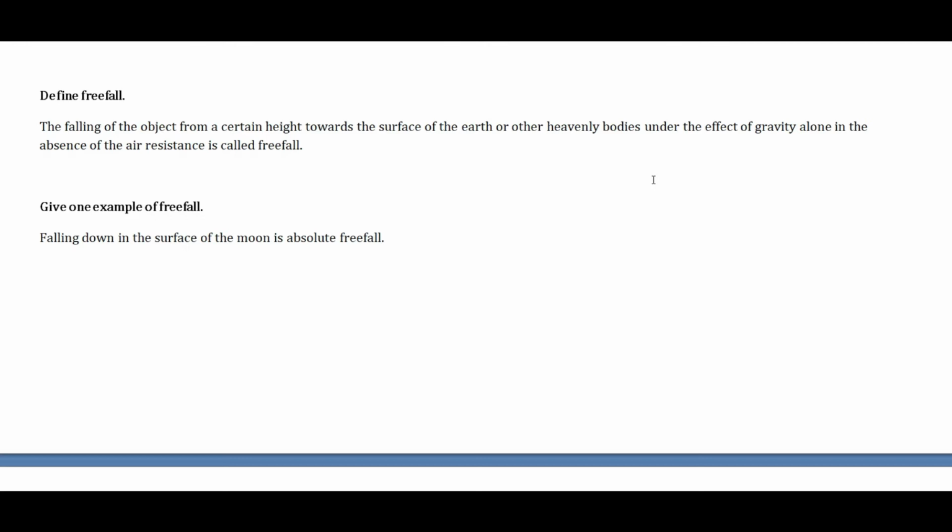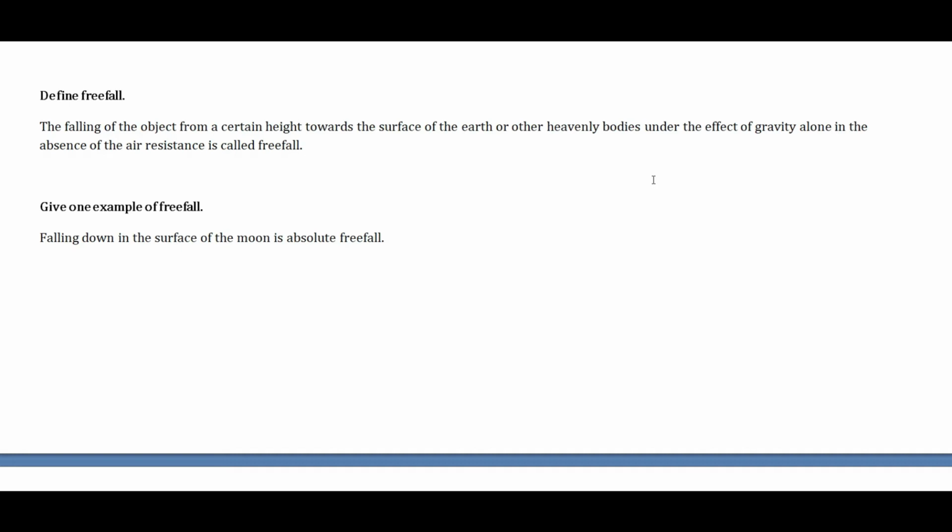And since the air is present above the surface of the earth, when any object is falling downward by the effect of the force of gravity, then air resistance acts on the body, and that air resistance acts on the body in an upward direction as well. That is the reason the air resistance may act in the opposite direction of gravity. So such a type of fall is not called free fall.